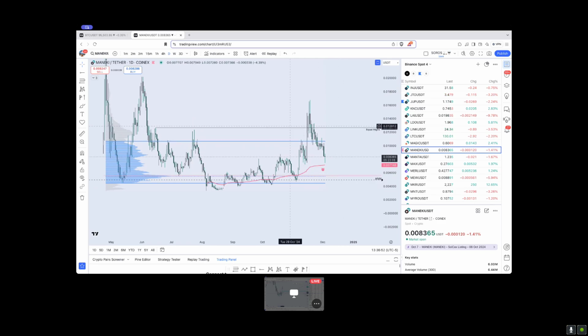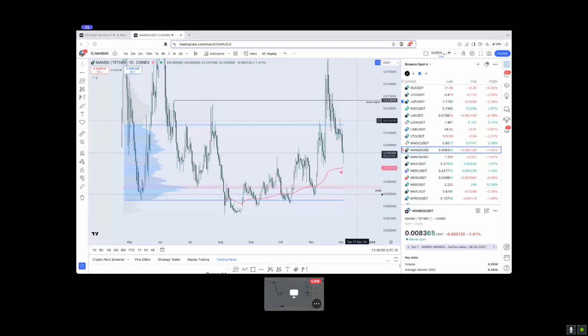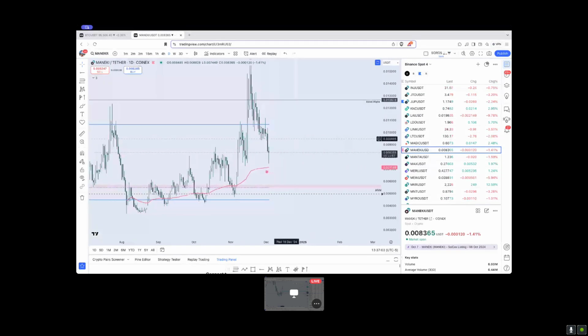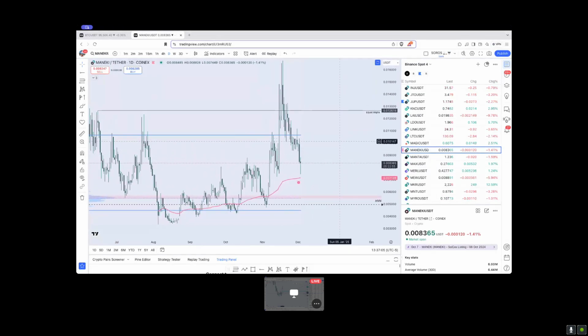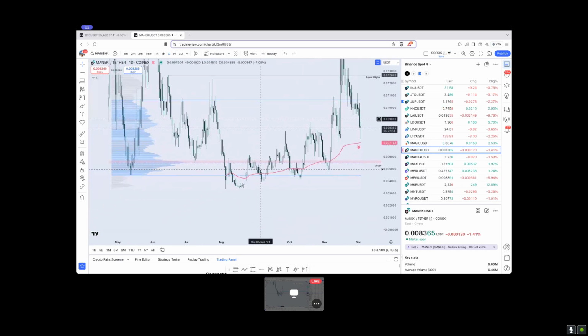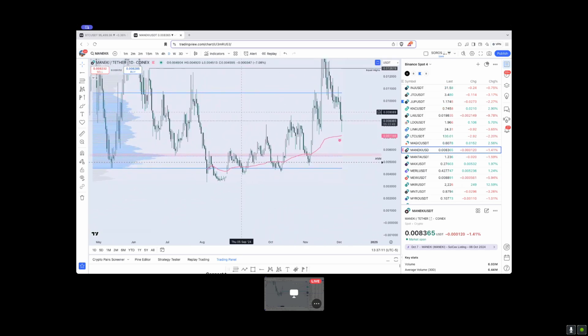Oh, that's nasty, dude. They deviated the range to take equal highs and then come back in and reject. That's bad, bro. People got scammed on this one. I mean, it ran the target, but that's an aggressive pullback.